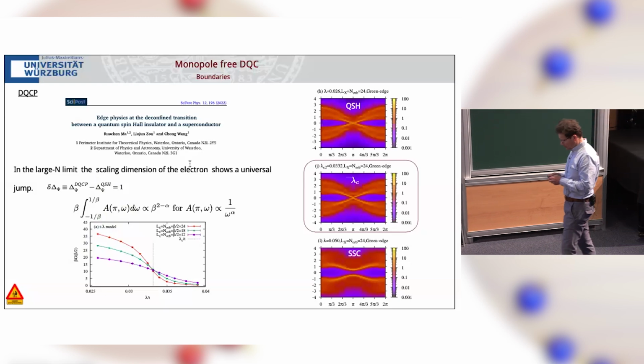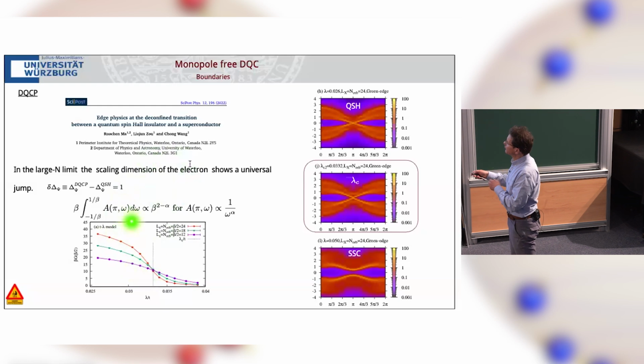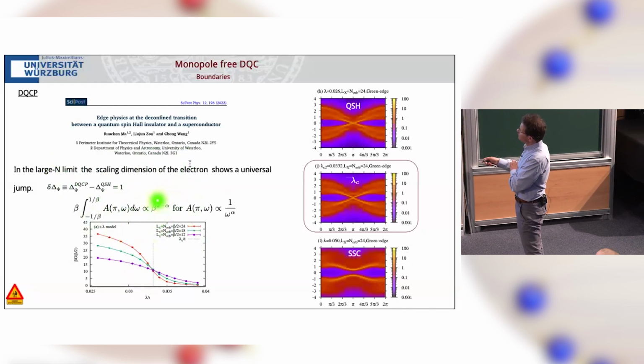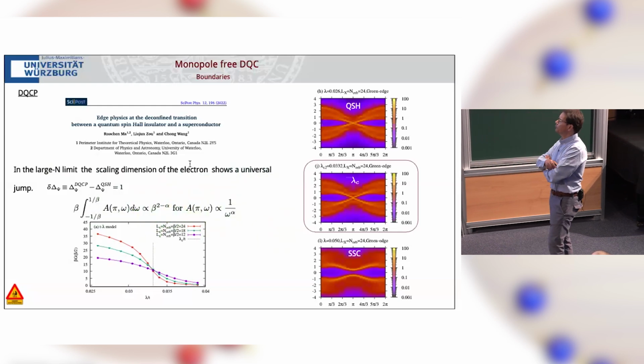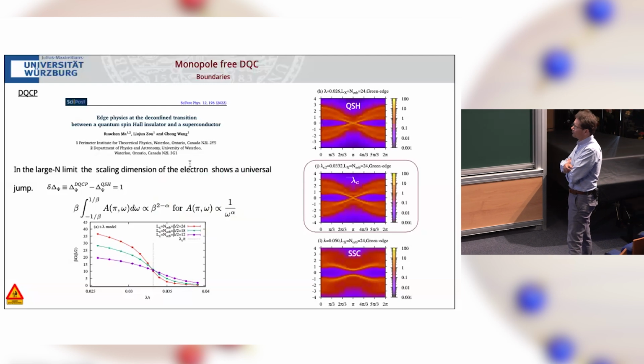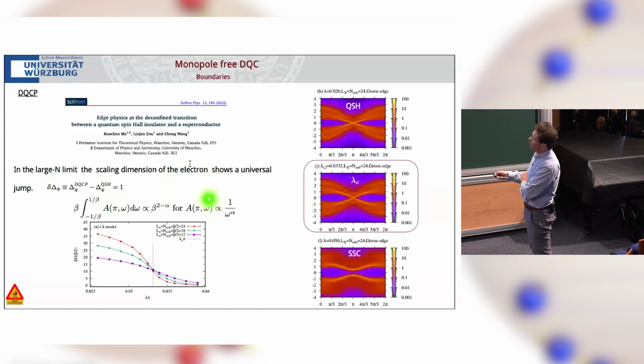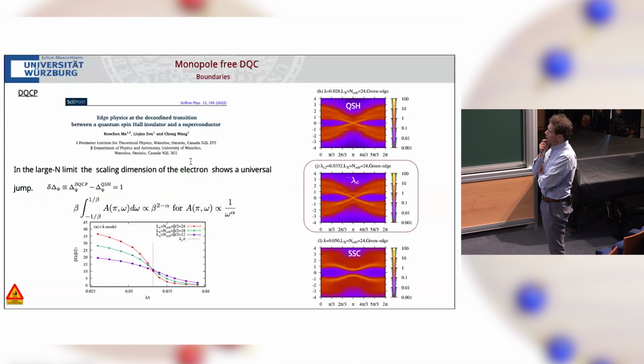That's the quantity we look at. And this quantity scales as beta to the 2 minus alpha, if you care to assume that your A of k, omega has a branch cut like you would expect in a Luttinger liquid, 1 over omega to the alpha. So essentially this quantity picks up the scaling dimension of your fermion.